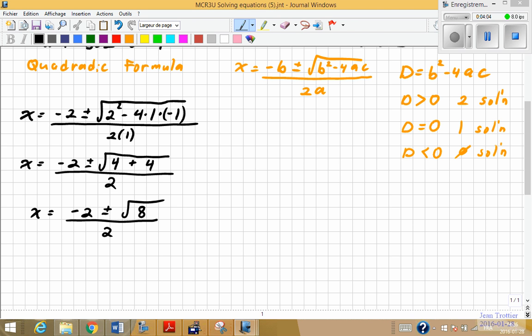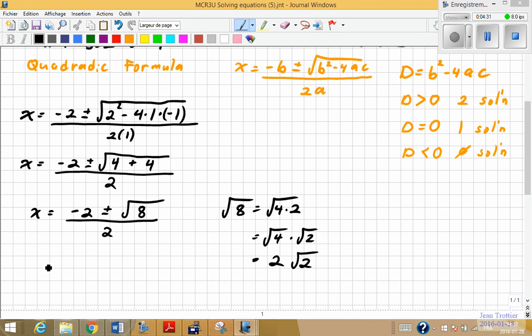The way you would simplify this is that root of 8 is actually root of 4 times 2. The reason we want to do this is there's a little rule that says that if you multiply the radicands, you can actually do a multiplication of roots. And you'll notice that root of 4 is an exact number, and we leave root of 2 as is because it's irrational.